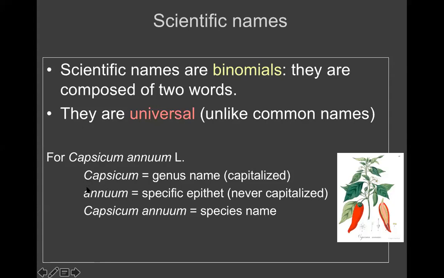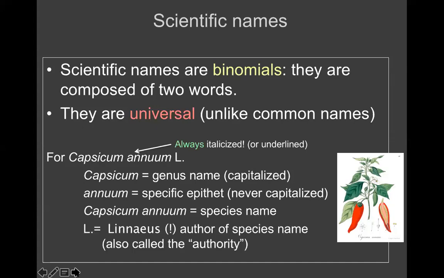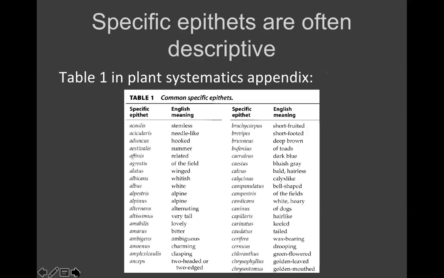Notice it's capitalized. Annuum is the specific epithet. Notice it's never capitalized. And then the whole species name would be Capsicum annuum. Remember, it's always italicized or underlined, very important. Also remember that the authority or the author will often be listed as an initial behind the species, and that's the first person who named it.